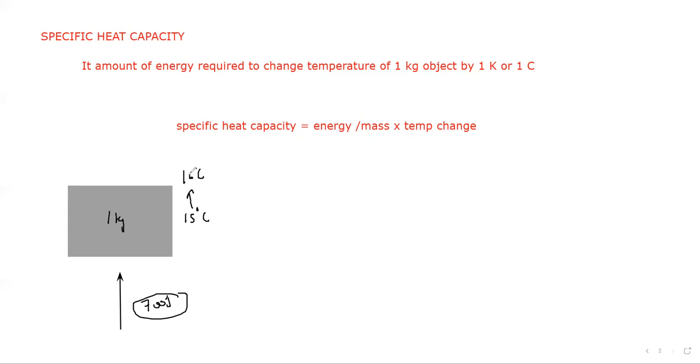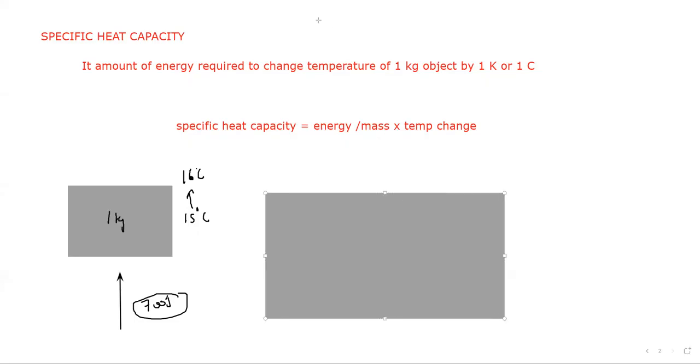But if we don't have a 1 kilogram object, for example, we have a 5 kilogram object and we are supplying 2000 joules of energy so that its temperature changes from 20 degrees centigrade to 22. If we need the specific heat capacity, the temperature change here is 2 degrees centigrade and the mass is not 1 kilogram.